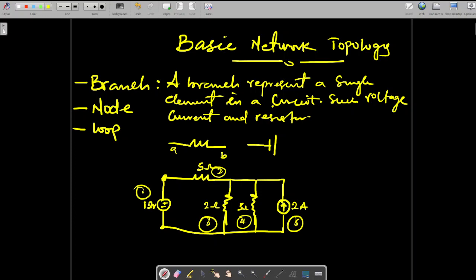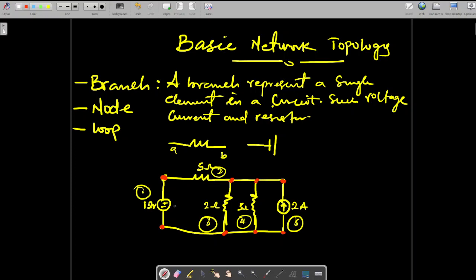Then the first terminal and the second terminal for the 5 ohms resistor, for the 2 ohms resistor, and for the 3 ohms resistor. And this is a terminal for the 2 ampere current, and this is the second terminal for the 2 ampere current.